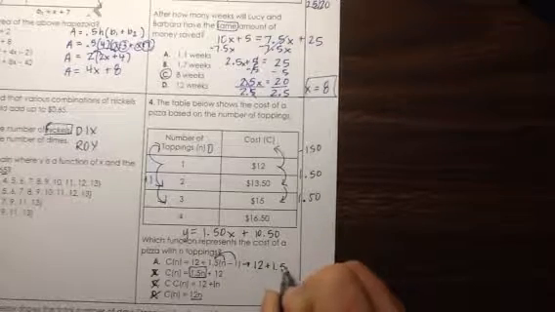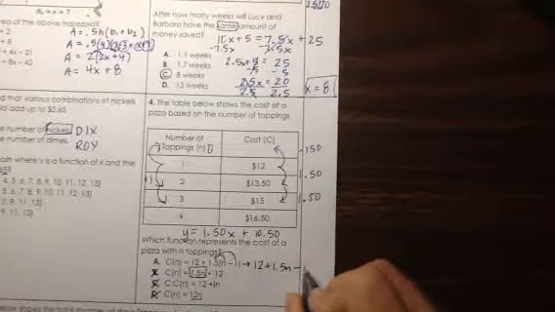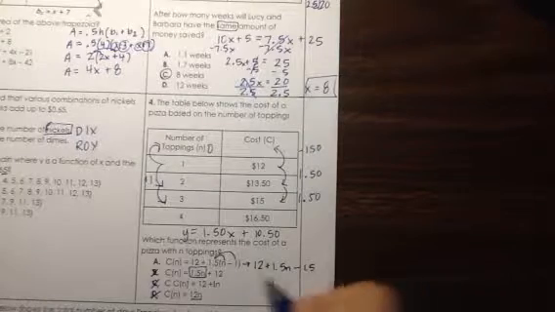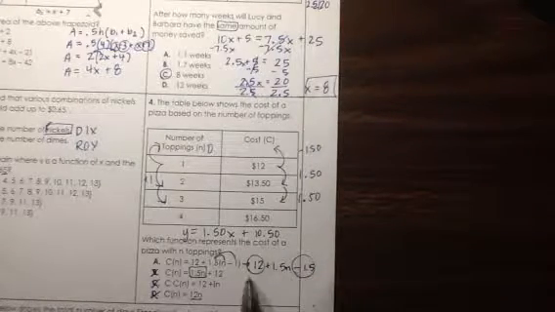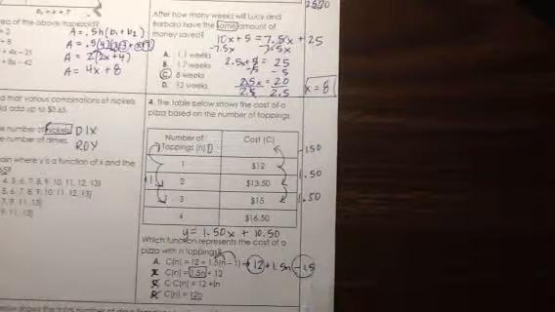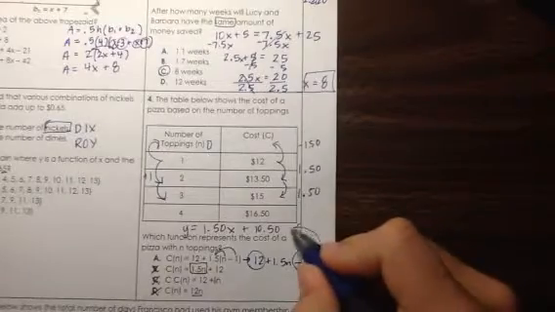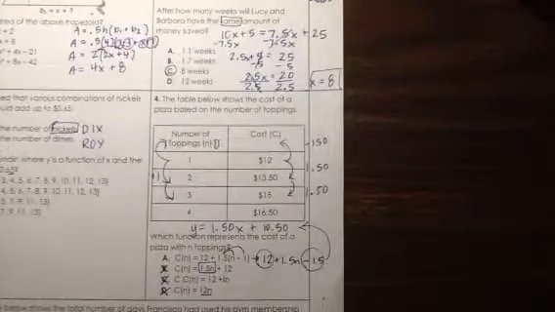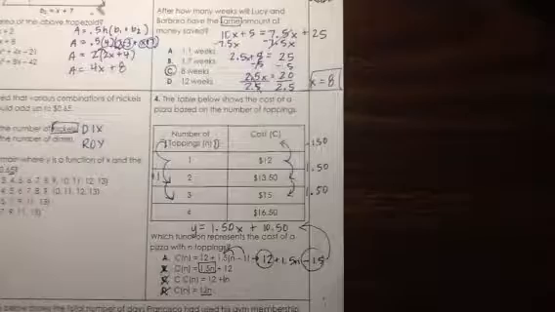So I'll get 12 plus 1.5n minus 1.5. And so what that's going to allow us to do is it's going to allow us to find our y-intercept once we combine our like terms, so that it will look like the equation that we know that we wrote about the pizzas. So answer choice A is the most correct.